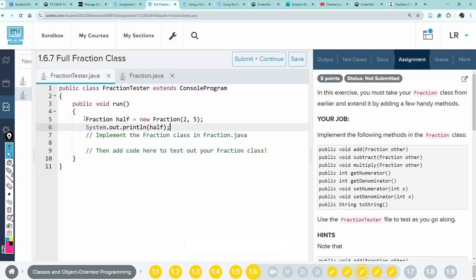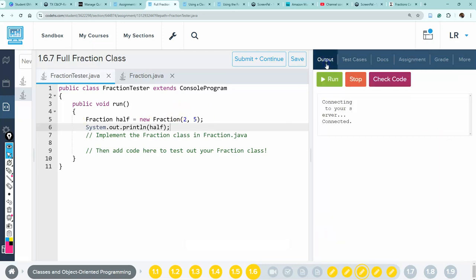Now, it's not going to do any of the addition and subtraction unless, of course, we tell it to. Right now, it's just going to print out our fraction. There it is. Okay.